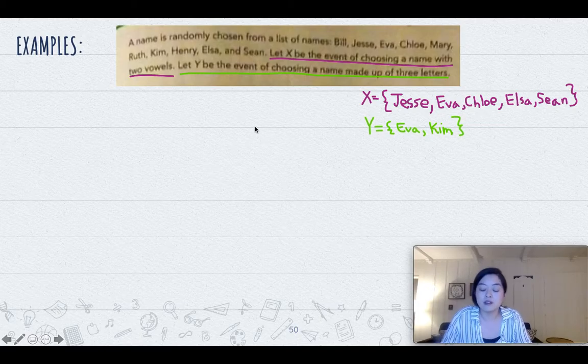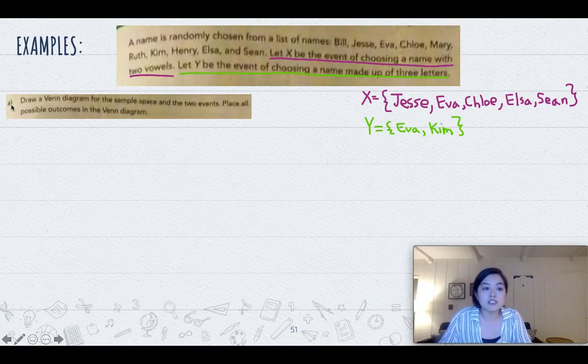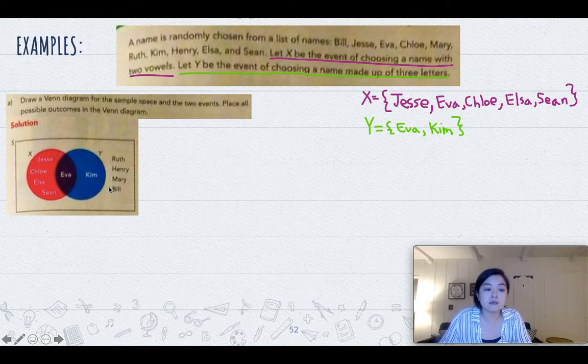Question A says, draw a Venn diagram for the sample space and the 2 events. Place all the possible outcomes in the Venn diagram. Do you see any common outcome for X and Y? I see Ava twice, so that's the common outcome. There is going to be an overlap in these events X and Y, where Ava is the overlap.